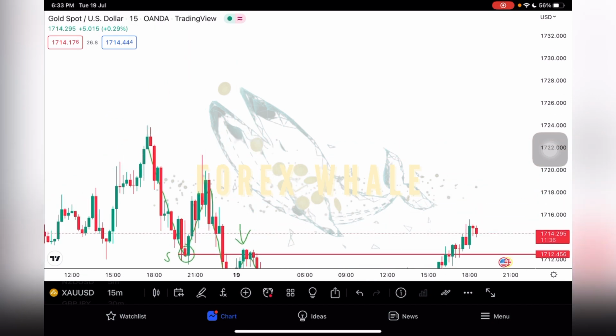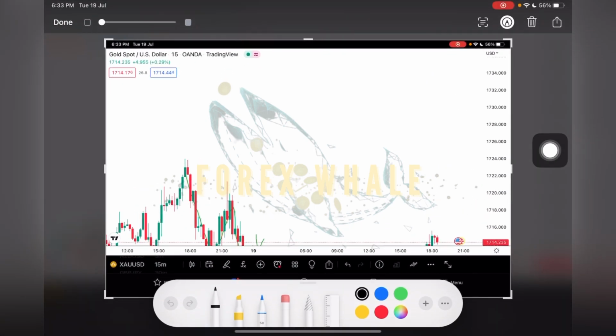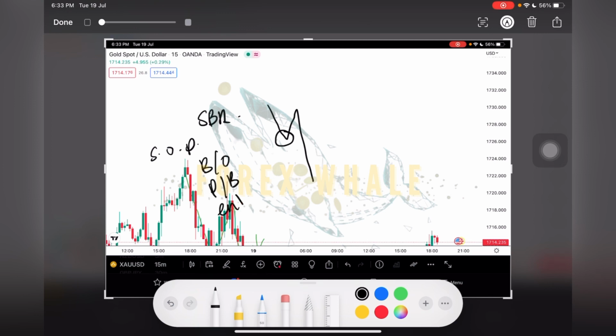So this is the first way to trade SBR. So I'll show you theoretically. This is SBR. Okay, so you saw a support level here. So the SOP is still the same: breakout, pullback, and then entry. Okay, so you see that there is this breakout here, and then you saw a pullback.